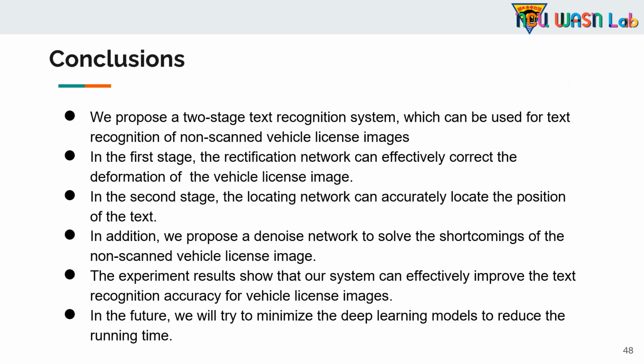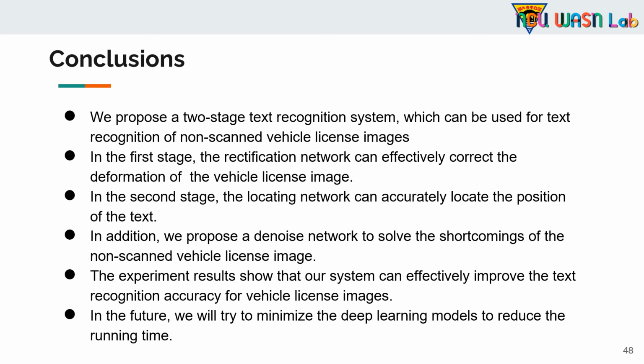And our conclusion is we propose a 2-stage text recognition system, which can be used for text recognition of non-scanned vehicle license images. In the first stage, the rectification network can effectively correct the deformation of the vehicle license images. In the second stage, the locating network can accurately locate the position of the text.